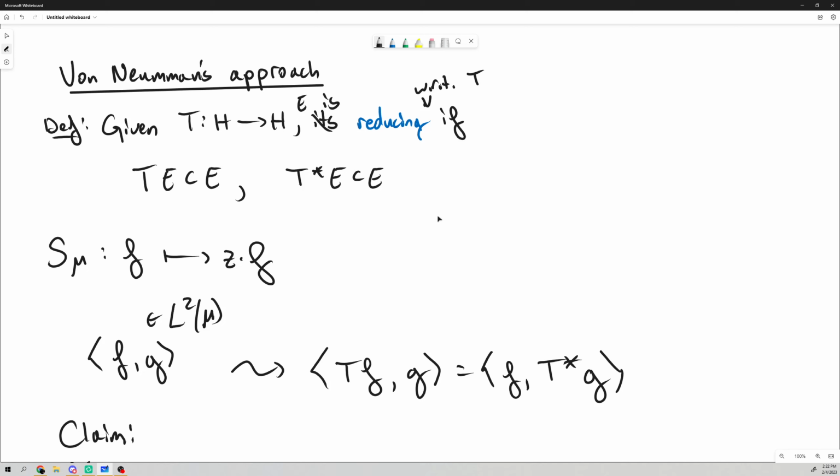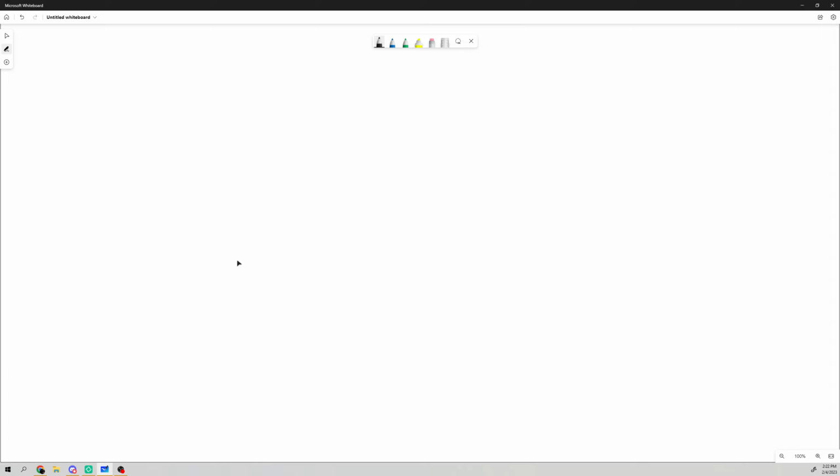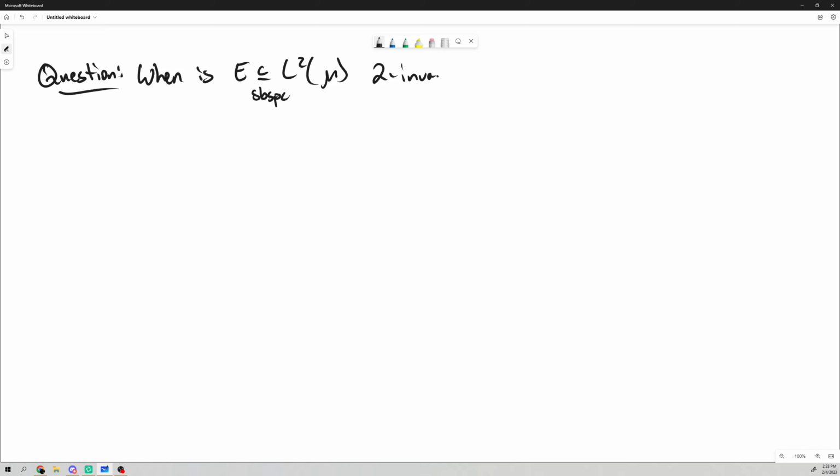Okay. So a main question now, so we know what double invariance is, so a natural thing to ask is when is a subspace doubly invariant? So that's the question. We'll move over here. Question: when is a subspace of L2 mu doubly invariant?